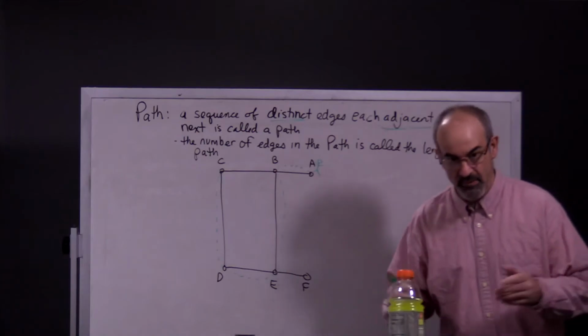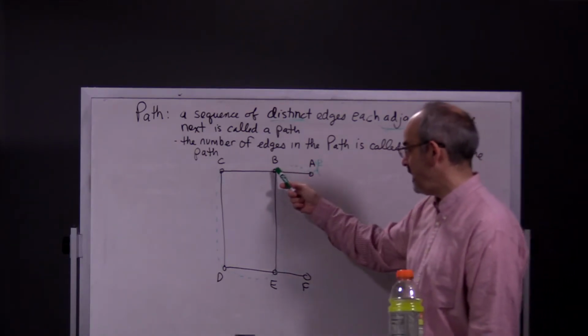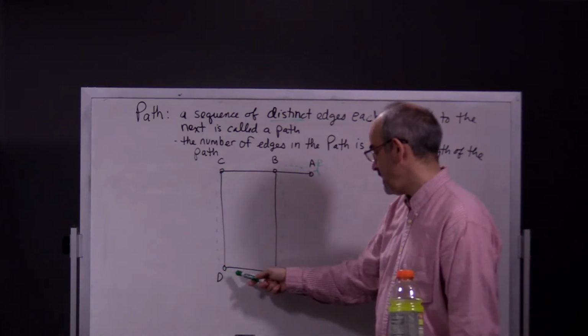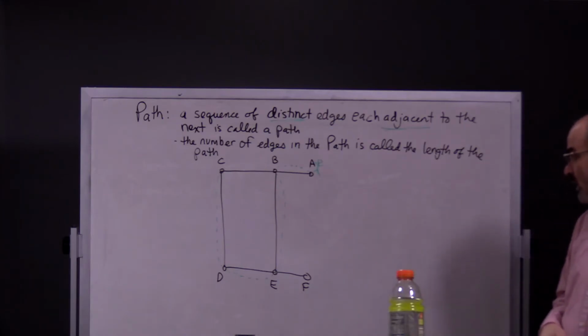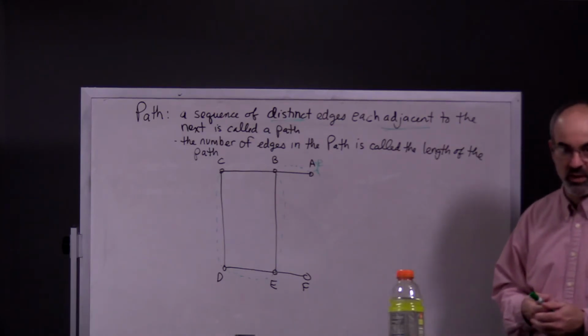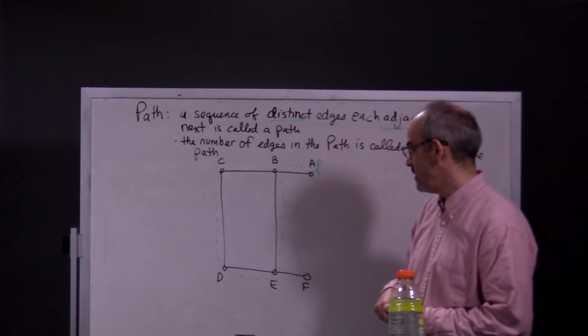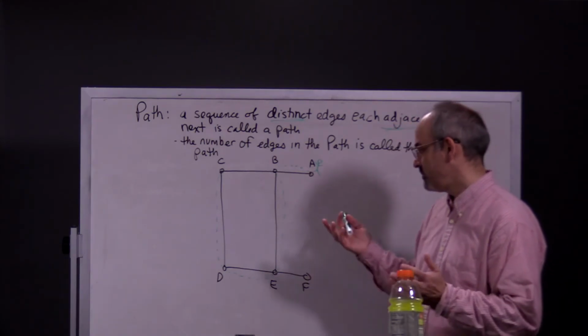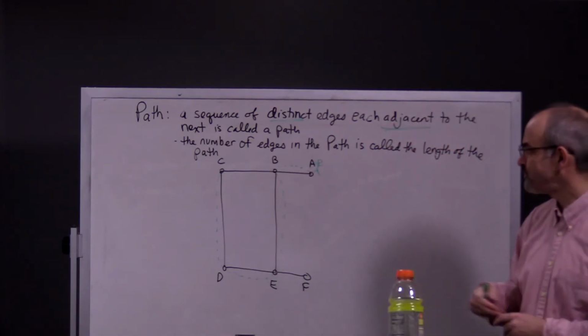So obviously there's other paths that have length 4 too. A to B, B to C, C to D, and D to E would also be a path of length 4. You could find one of length 3, length 2. There probably isn't one of length 20, obviously, because it has to be distinct edges.